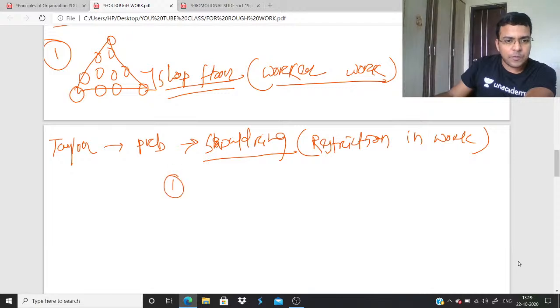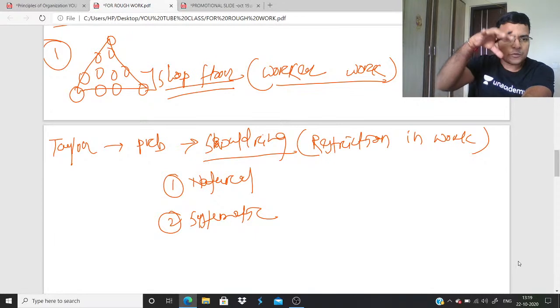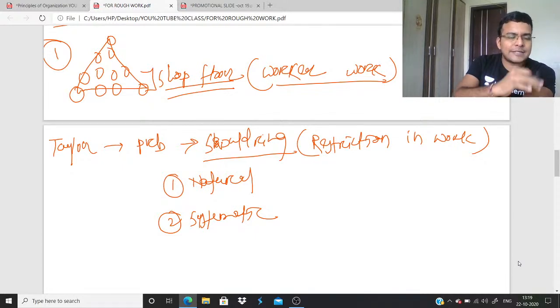He said two types of soldering. One is natural, second is systematic. Natural soldering means, suppose consider you people are workers and I am the management. So natural soldering, I am Taylor. Suppose I am Taylor, you people are working in the organization. I found that you people are restricting work.